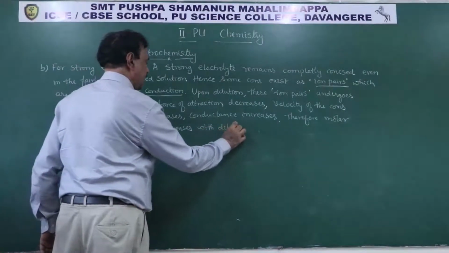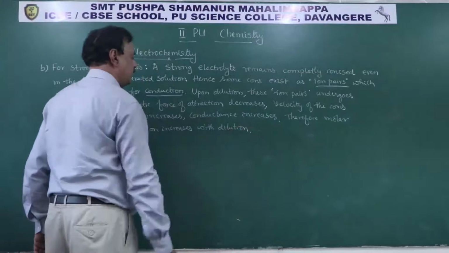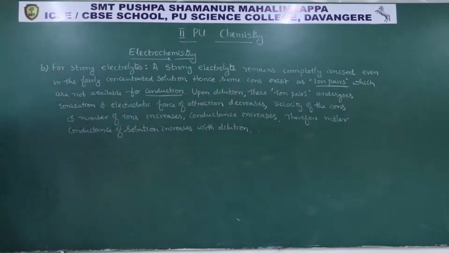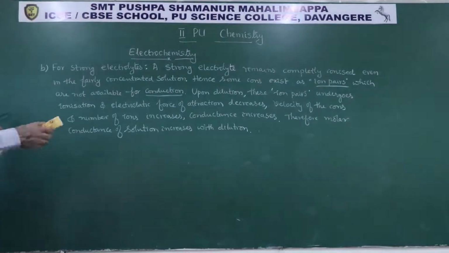Whether it is a strong or weak electrolyte, the molar conductance increases and acquires its maximum value at infinite dilution. This law is called Kohlrausch's law: the molar conductance of any electrolyte, strong or weak, increases upon dilution.